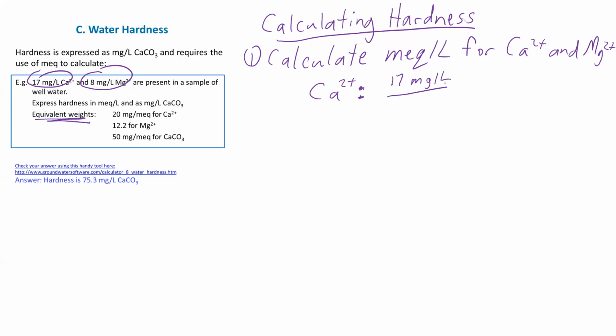And I'm going to divide it by the equivalent weight, which for calcium is 20 milligrams per milliequivalent. Notice my units for milligrams are going to cancel out, and I'm going to keep the milliequivalent per liter in the end. I'm going to punch this in my calculator, and I get 0.85. The units are milliequivalent per liter. All right, let's do the magnesium.